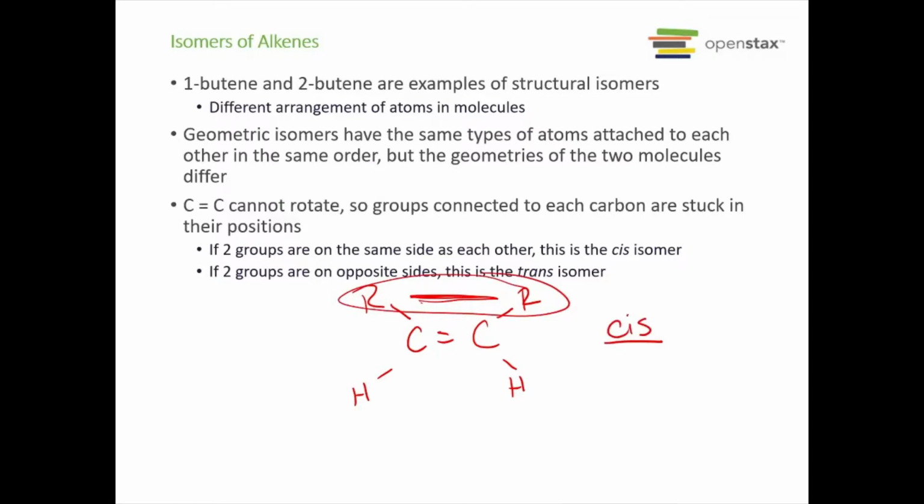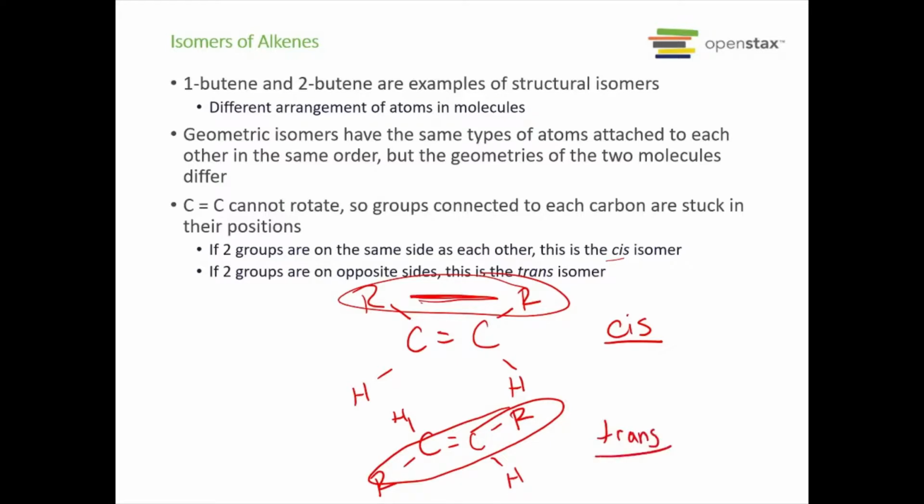If you handwrite it, you write cis and you underline it. In text, it's italicized. If they are on opposite sides of each other, so we have our double bonded carbons, okay, so they're on opposite sides of each other. This is called trans.